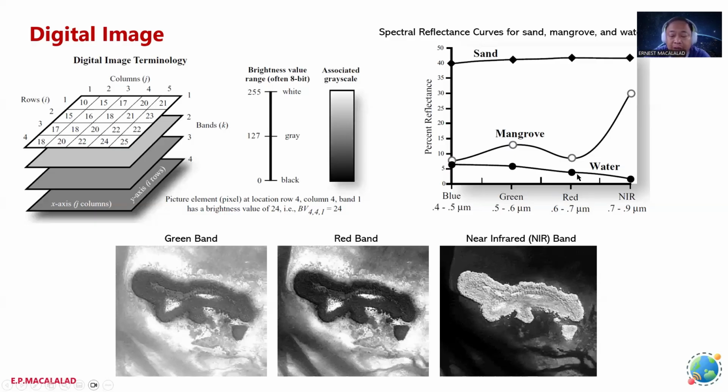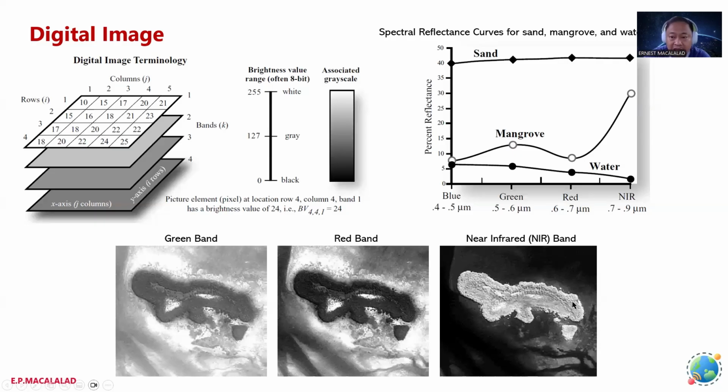Okay, but in the red band, the mangrove emits lower red than green, but it emits a large amount of near infrared compared to blue, green, and red.